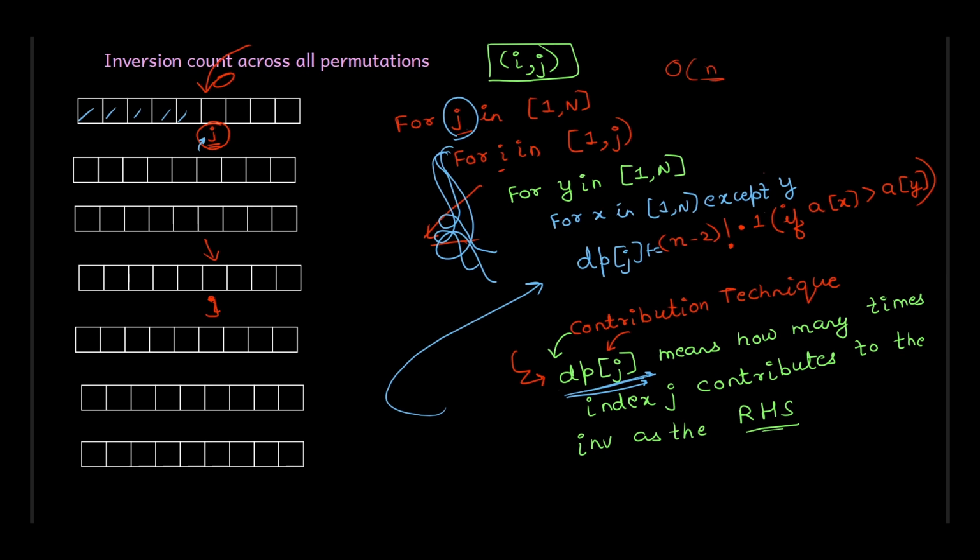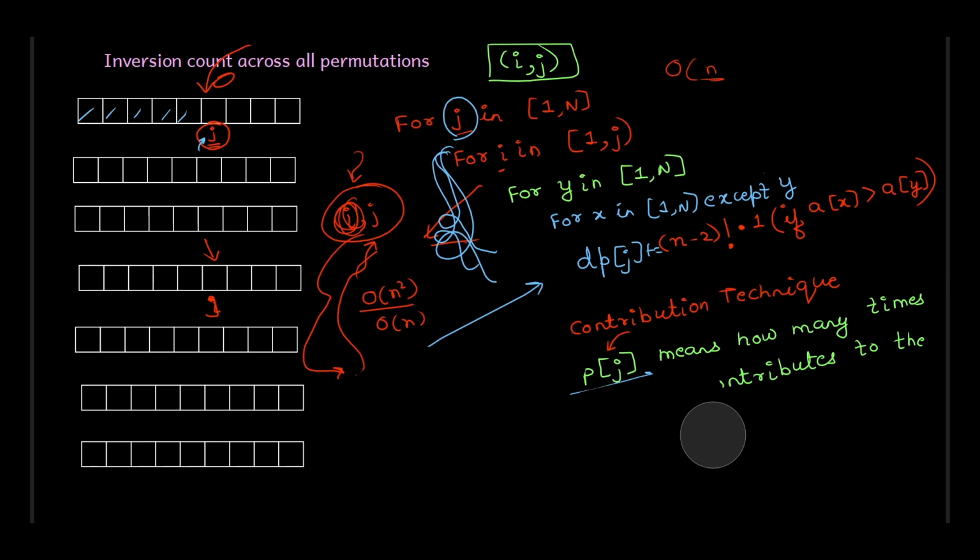But in future, if you want to optimize an O of n square algorithm down to O of n, you cannot take contribution from i comma j. Why? Because i comma j itself is a pair and you cannot iterate over all the pairs. So this means that you have to compress your contribution technique and define the contribution technique on the right side of the pair so that you can take contribution directly without actually iterating over all the possibilities of the left hand side.